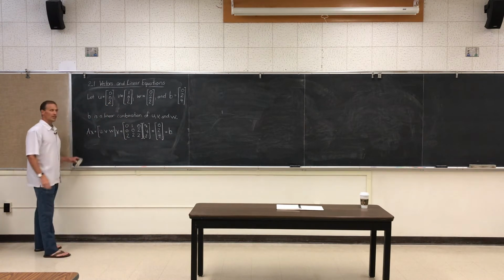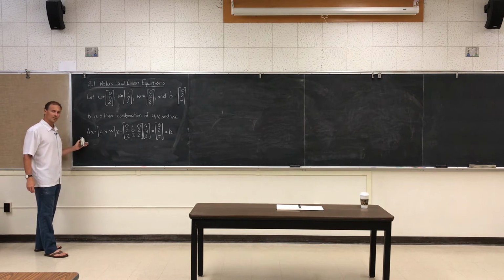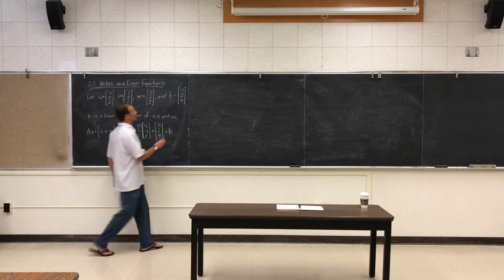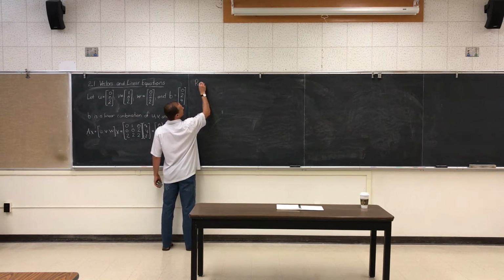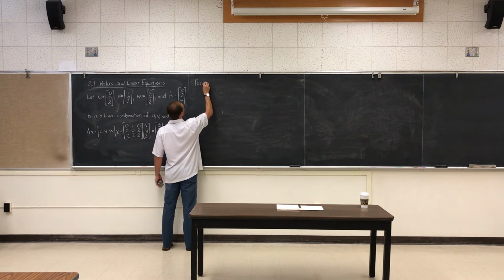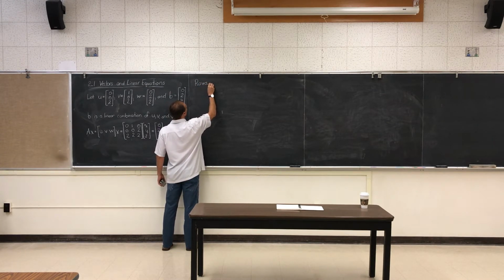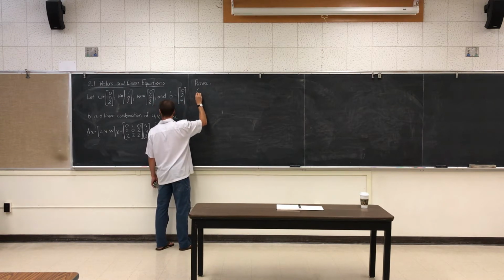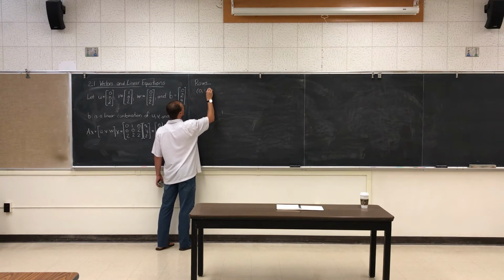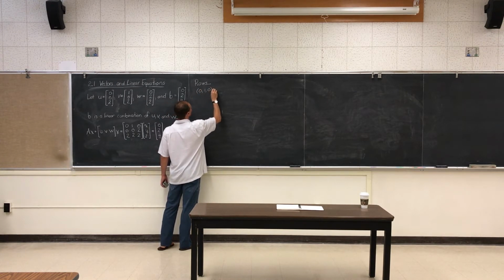What we're going to do now is look at the row picture and the column picture. So here we go, rows. Let's start with our rows. Need to leave myself some space. So what do the rows look like? Well, remember where the rows come from. You take the first row, which is 0, 1, 0, and it gets dotted with the vector of scalars x.